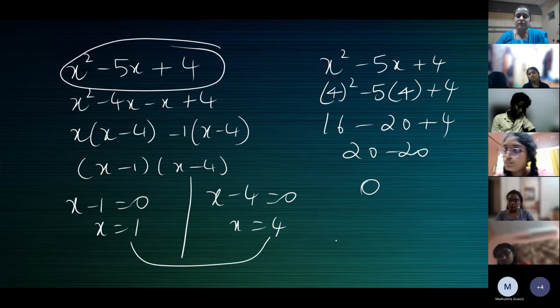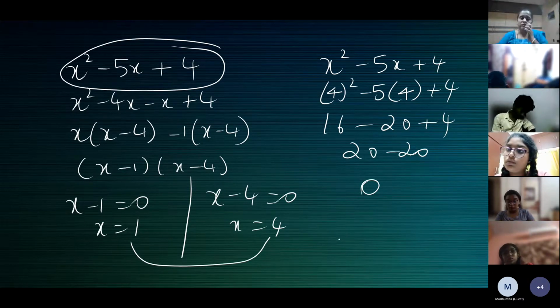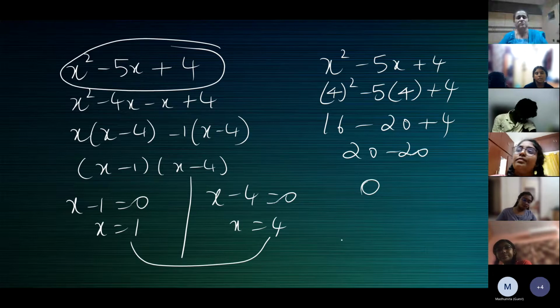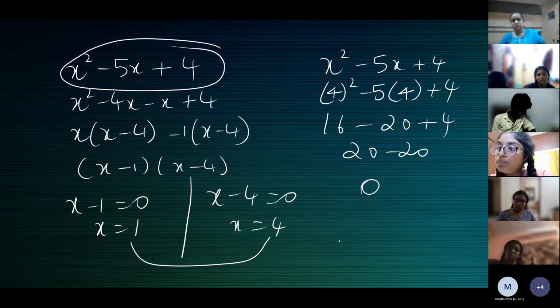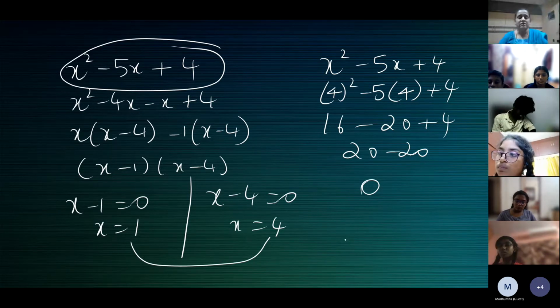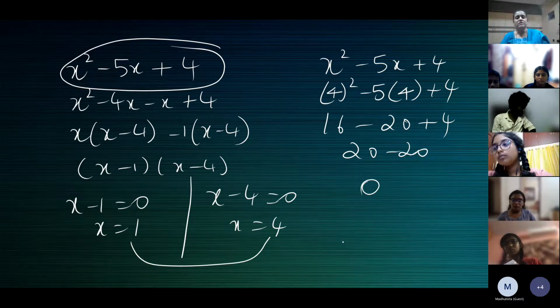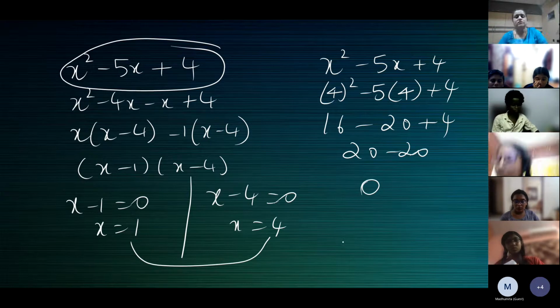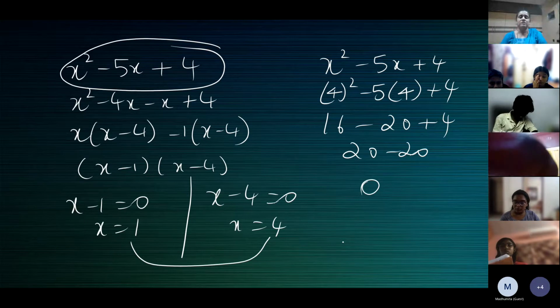Now, other than 1 and 4, you give any other value for x, say minus 1, minus 4, 2, 3, whatever. The value of the polynomial will not be 0.